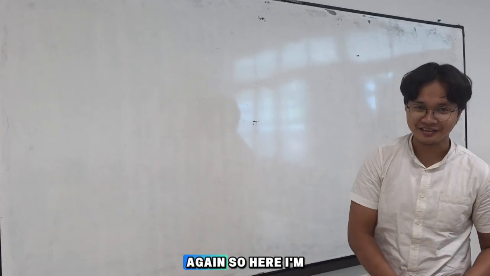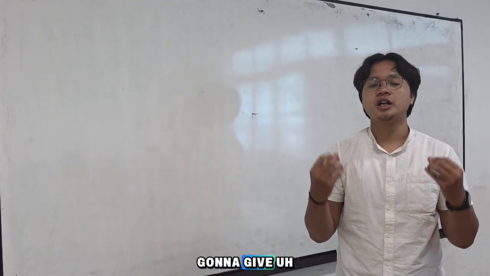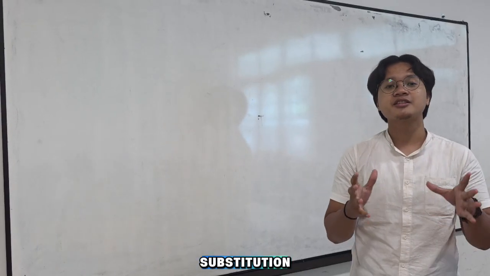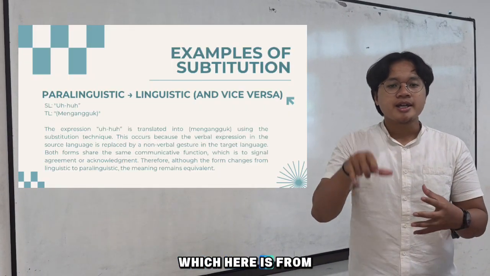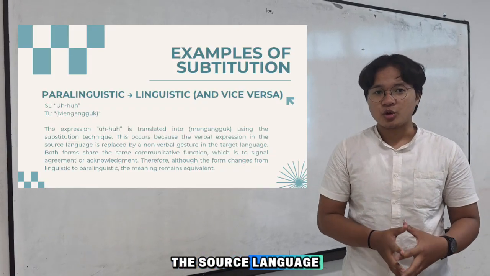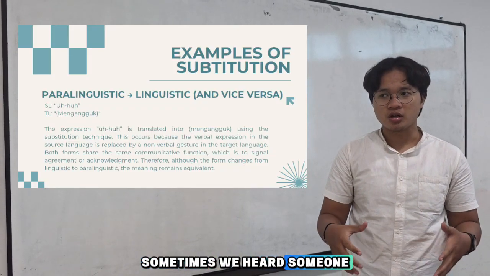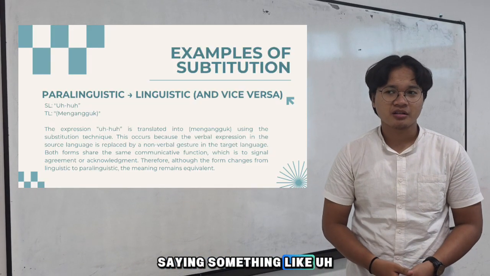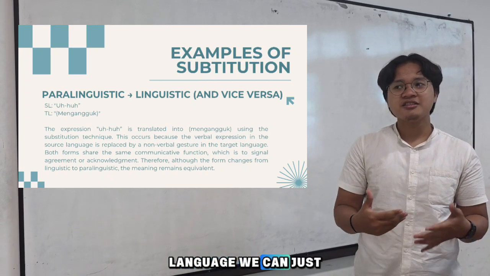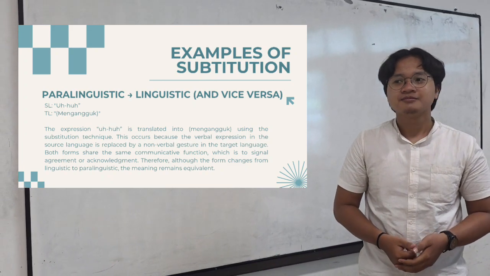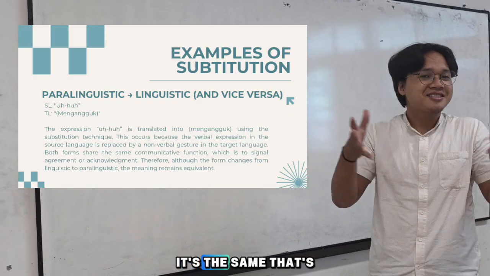So, welcome with me again. Here I'm going to give one more example of the substitution translation technique, from the source language. Sometimes we hear someone in English saying something like that, and in the target language we can just say it as the same.